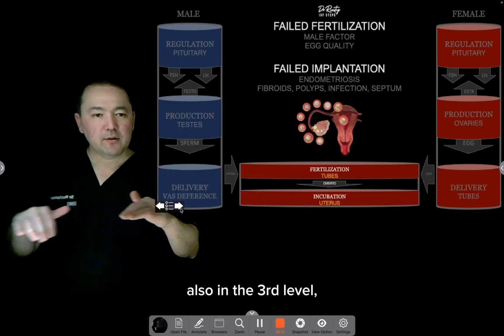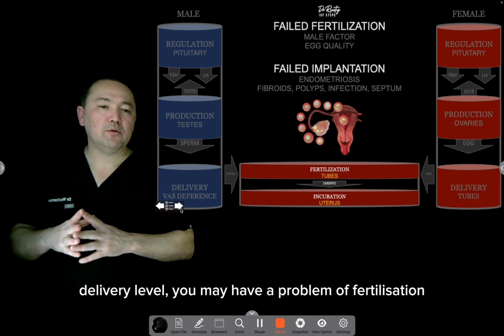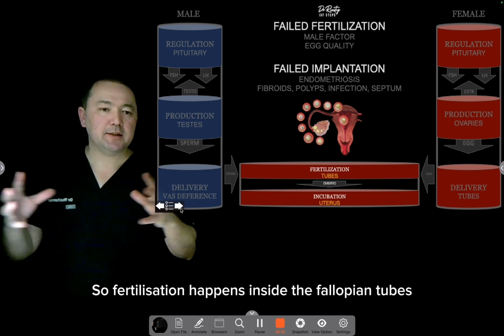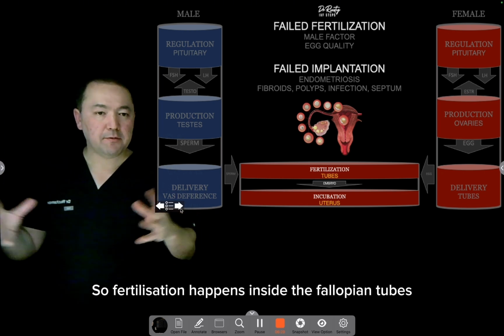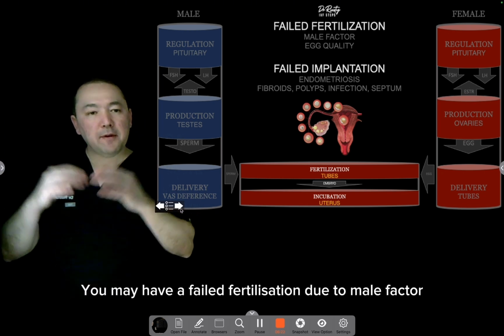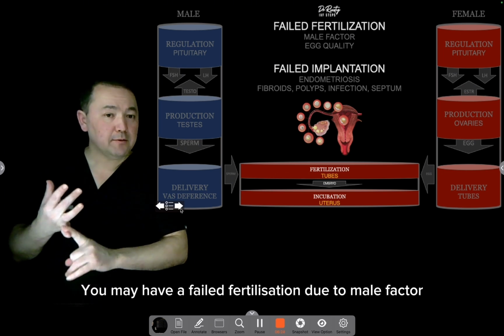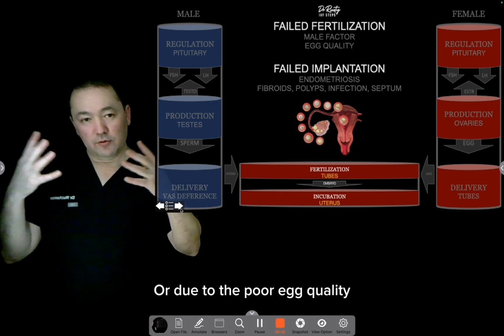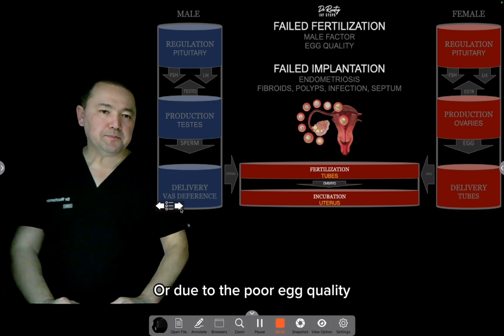Also, in the third level, the delivery level, you may have a problem of fertilization. Fertilization happens inside the fallopian tube. You may have a failed fertilization due to male factor, which means due to very poor sperm quality of your partner, or due to poor egg quality.